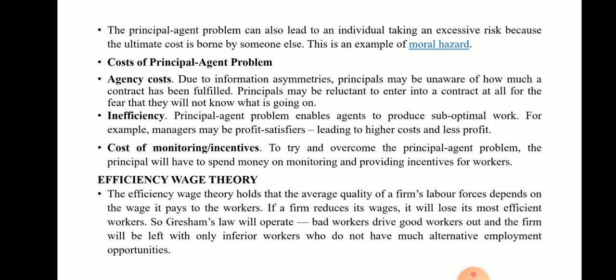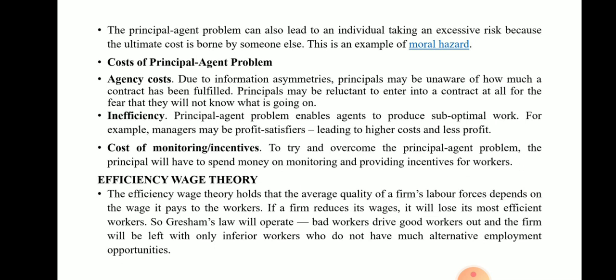The efficiency wage theory holds that the average quality of the firm's labor force depends on the wage it pays to the workers. If a firm reduces its wages, it will lose its most efficient workers. So, Gresham's law will operate.